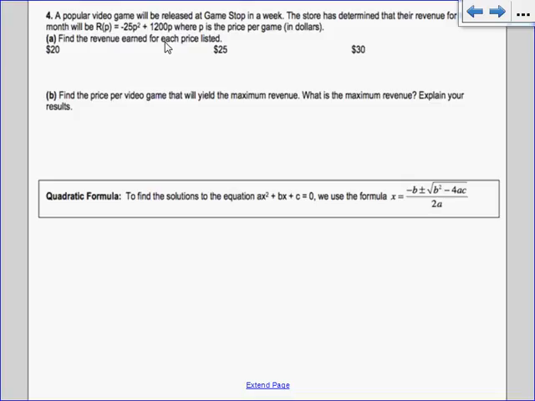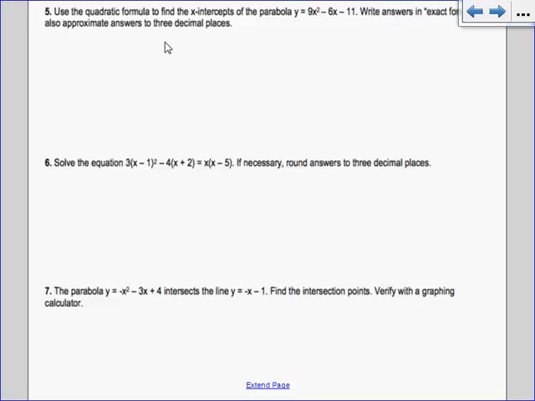All right, and the last thing I want to show you, we'll kind of skip through here. You guys know the quadratic formula, hopefully. If you don't, I would be memorizing it. We did a couple with the quadratic formula already. But let's look at number 5, which says use the quadratic formula to find the x-intercepts. If you're finding the x-intercepts, remember you're plugging in 0 for y.